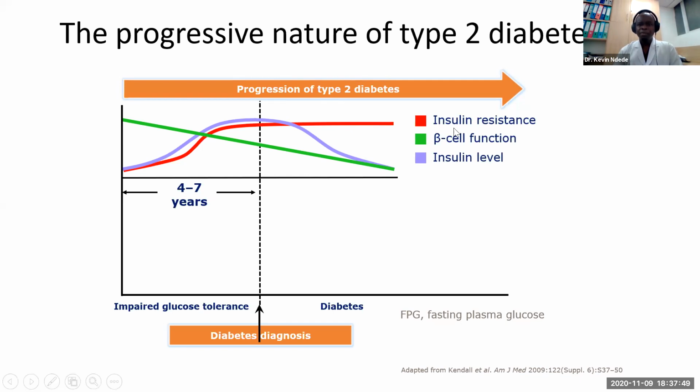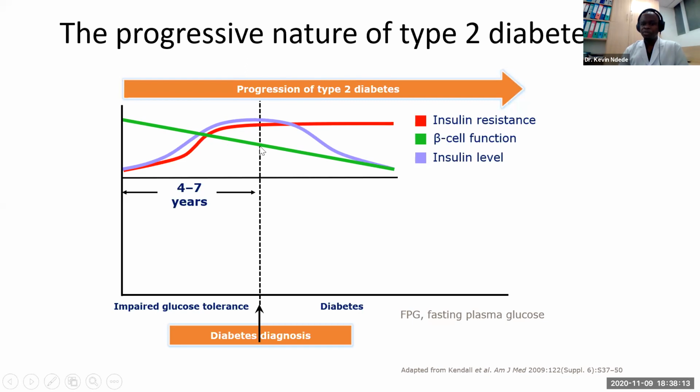So if we begin with the beta cell function, and Dr. Mungai has ably talked about this in type 1, we see the same in type 2 diabetes, that there's a linear correlation between time and the decline in beta cell function. And this generally occurs even in people who do not have diabetes. It is just that the rate is lower in those people.